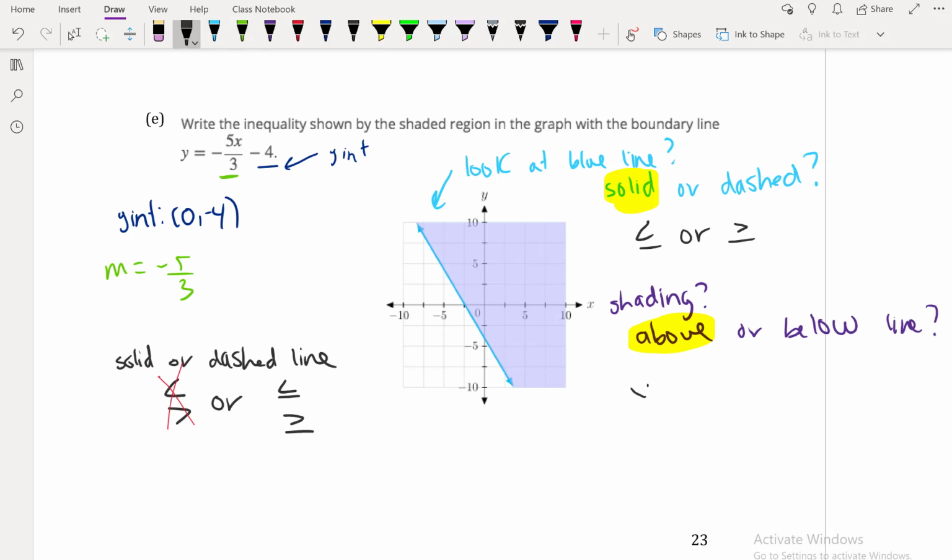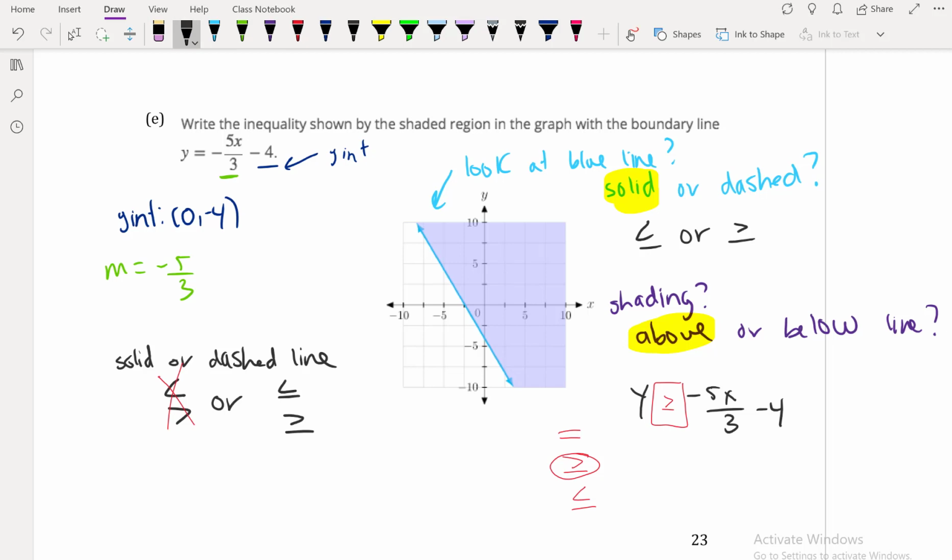So I can say if I have y, and I have my negative 5x over 3 minus 4. What they want me to figure out is what goes here. It's not going to be an equal sign. I already know it's going to be greater than or equal to, or less than or equal to. Since I'm shading above, then that is going to be my answer, greater than or equal to.